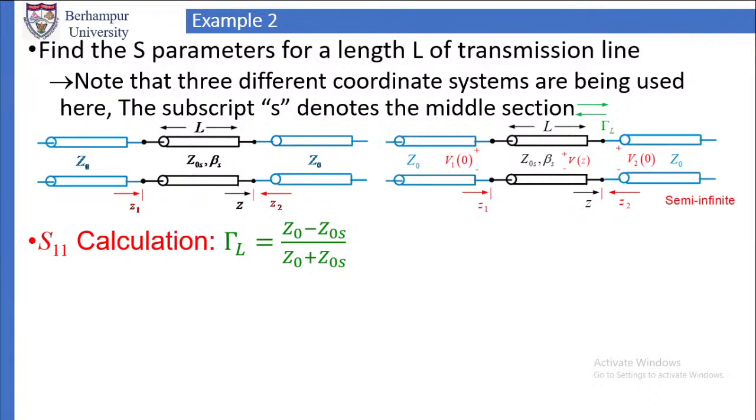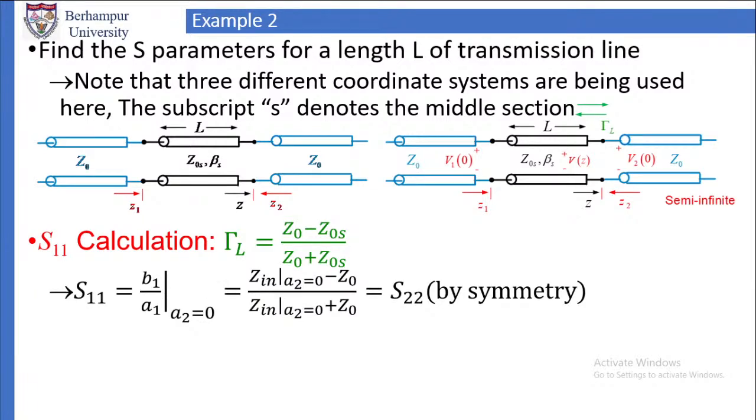Input impedance is Z0 because it is the impedance of the connected transmission lines which have characteristic impedance Z0. They are semi-infinite in extension. Therefore, their characteristic impedance is the input impedance to the transmission line section of length L. So gamma L is equal to (Z0 minus Z0s) by (Z0 plus Z0s).